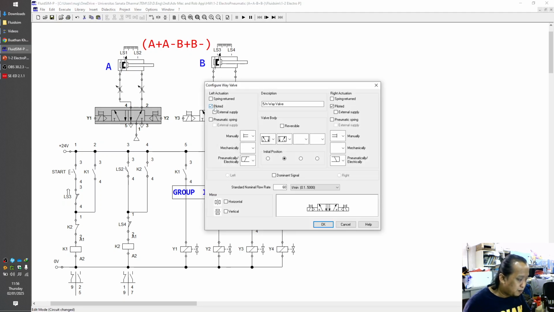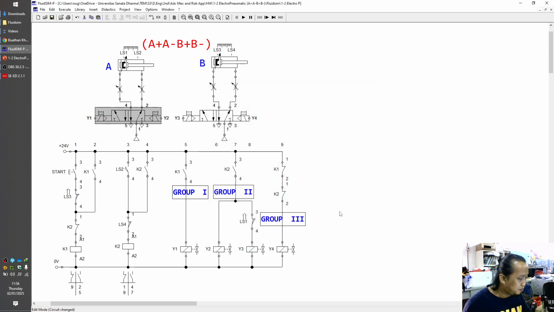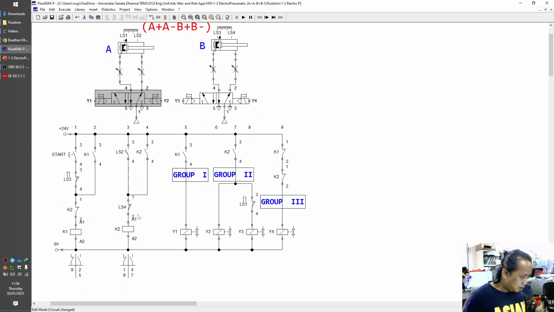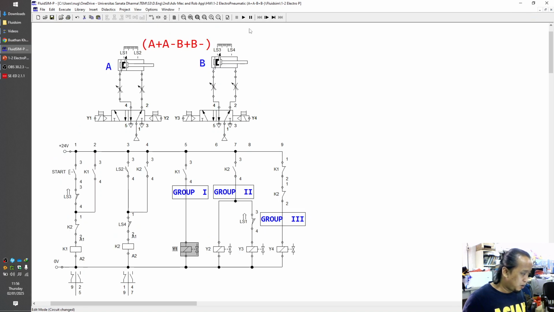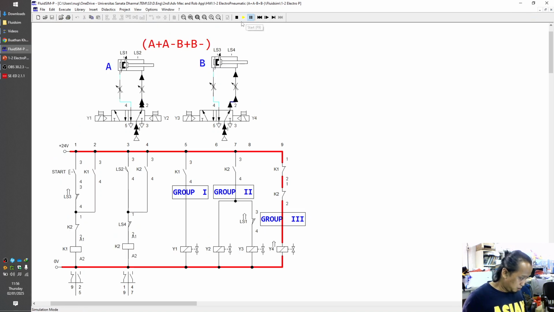This is the 5x2 solenoid valve, piloted, checked, and manual, pneumatically or electrically, like that. Same for this one. Okay, and we can just simulate.